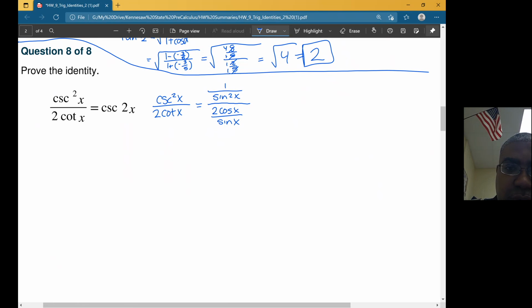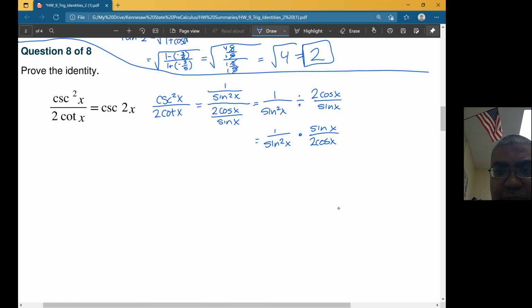All right. Let's do it like this. So we know that this is a fraction divided by a fraction. This is the same thing as 1 over sine squared x divided by 2 cosine x over sine x. Same thing as 1 over sine squared x times sine of x over 2 cosine x.